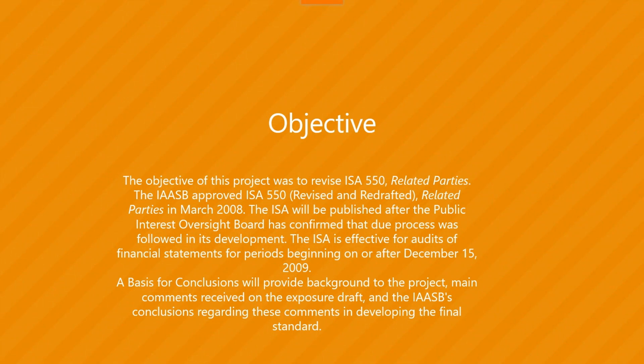What are the main objectives of ISA 550? The objective of ISA 550 is to guide the auditor in handling related parties. It helps the auditor ensure that related party relationships are identified correctly. It ensures that related party transactions are properly recorded, reconciled, and disclosed.